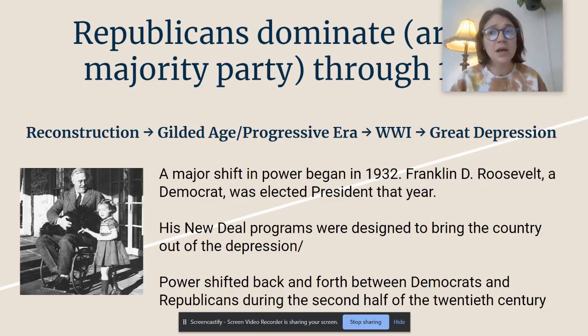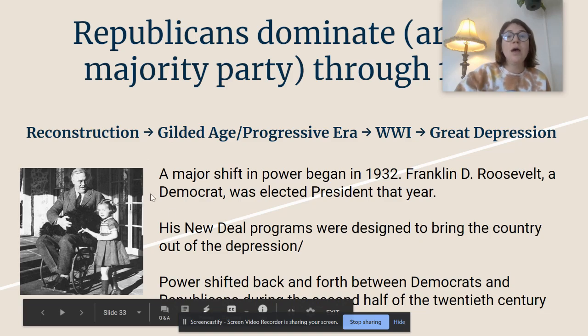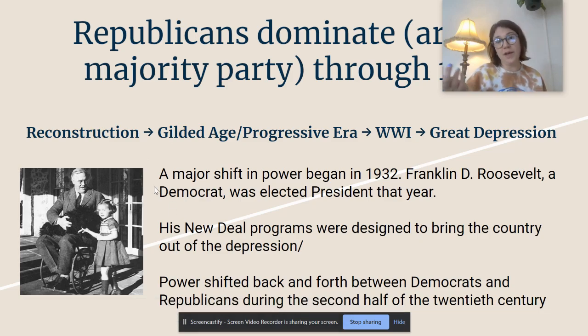And in the 70s, for a long time, there had been a statue of Roosevelt standing up straight without his wheelchair. The Americans with Disabilities Coalition lobbied Congress to replace the statue to show history as it was, right? Why shouldn't we celebrate the fact that we had a president who was physically disabled? So that was changed, and if you go there now, you see the new statue. But after Roosevelt's terms, power shifted back and forth between the parties for the remainder of the century.